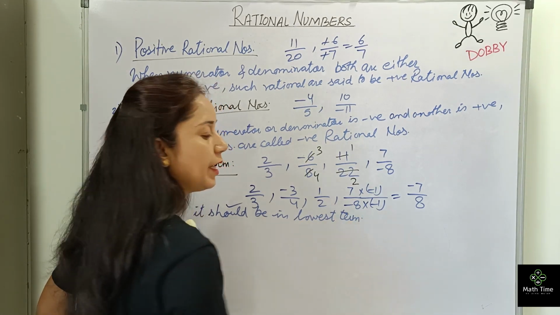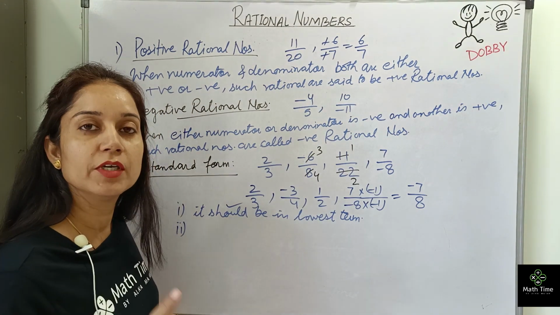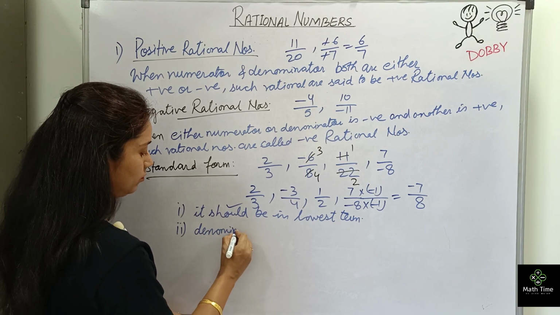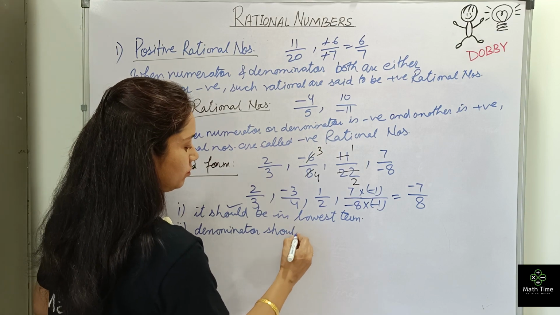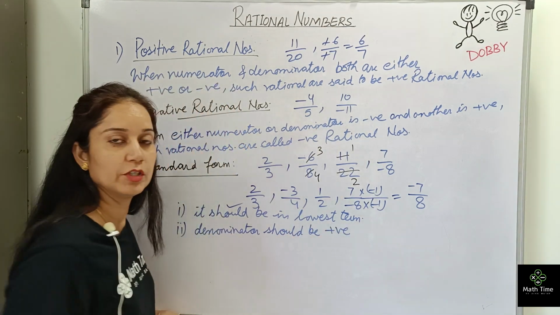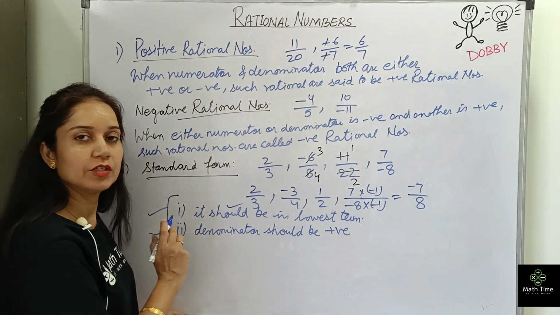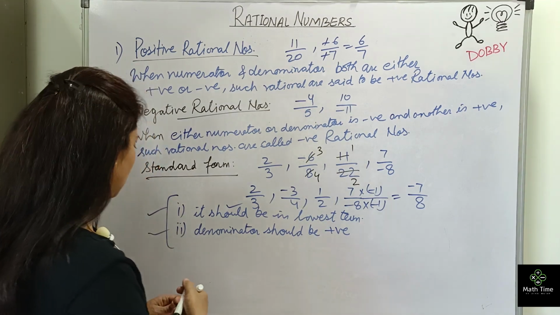Cutting should be done and it should be lowest term. Second criteria, denominator should not be negative. It should always be positive. So if these two conditions are fulfilled, yes, the rational number is said to be in the standard form of rational number.